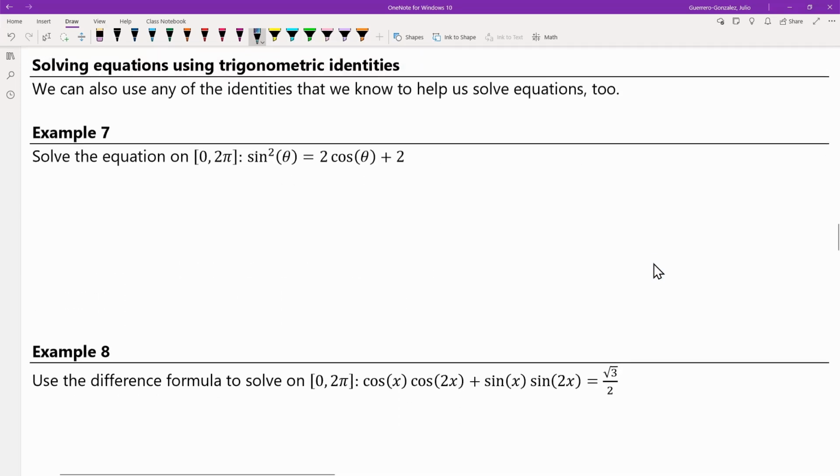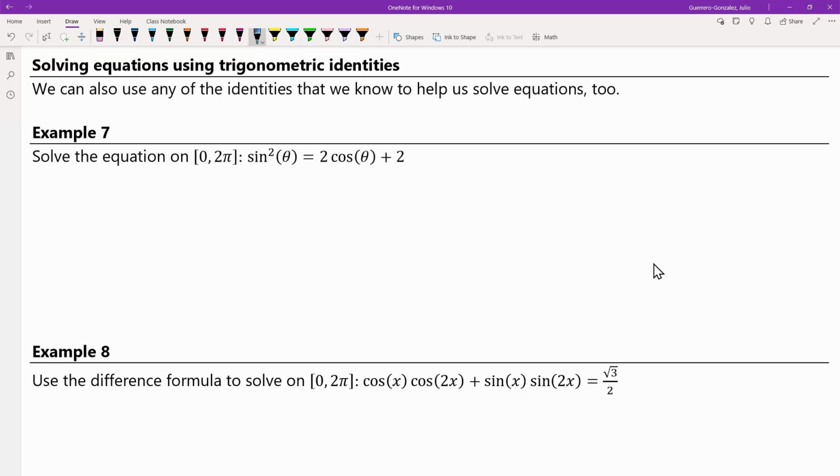Now we get to the fun stuff. These are solving equations using trigonometric identities. The ones from before, we were able to solve just by using simple arithmetic. Sometimes you will need some of the trig identities on your yellow page to figure them out.